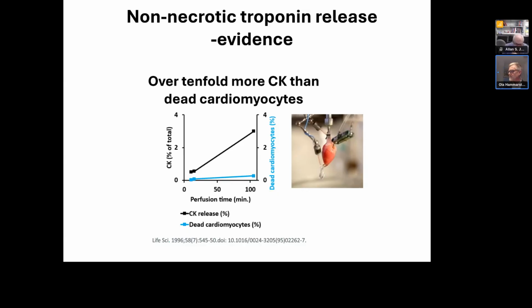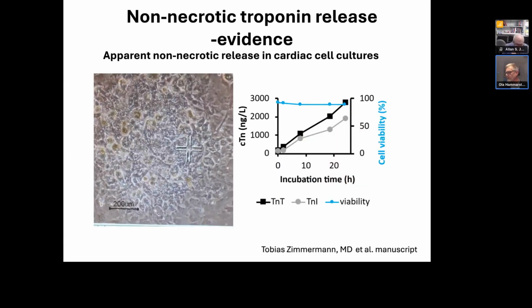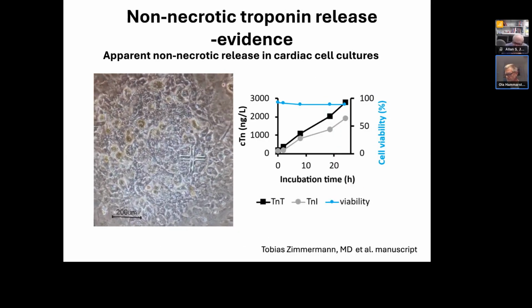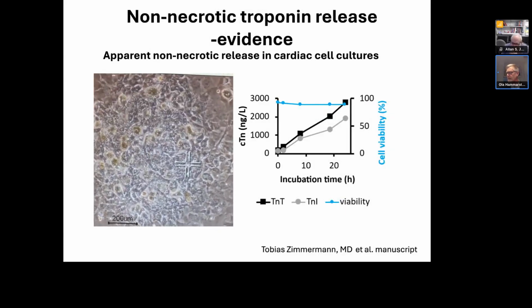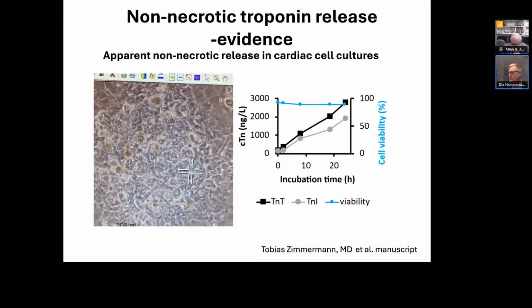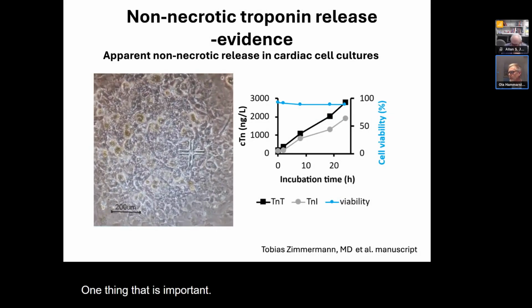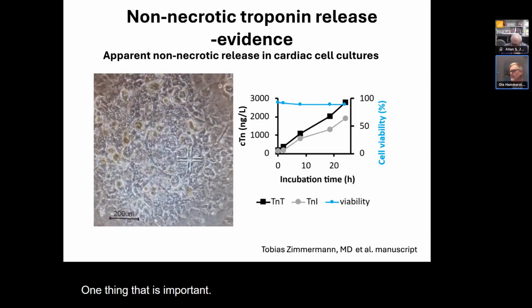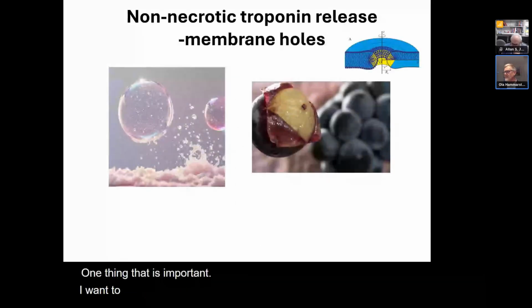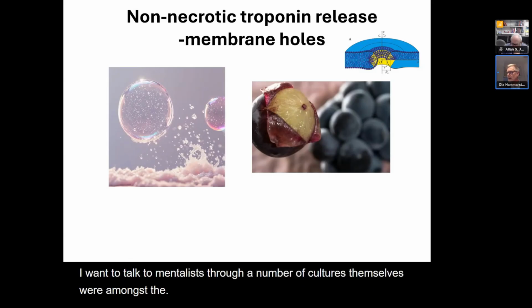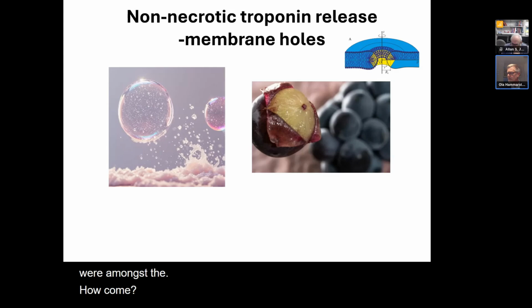So the next slide should show a grape and a soap bubble. One thing that is important to understand when it comes to release by non-necrotic mechanisms through membrane holes is that cells are not soap bubbles, because their content is basically a gel. So even if you remove the membrane, the cell will not disintegrate.